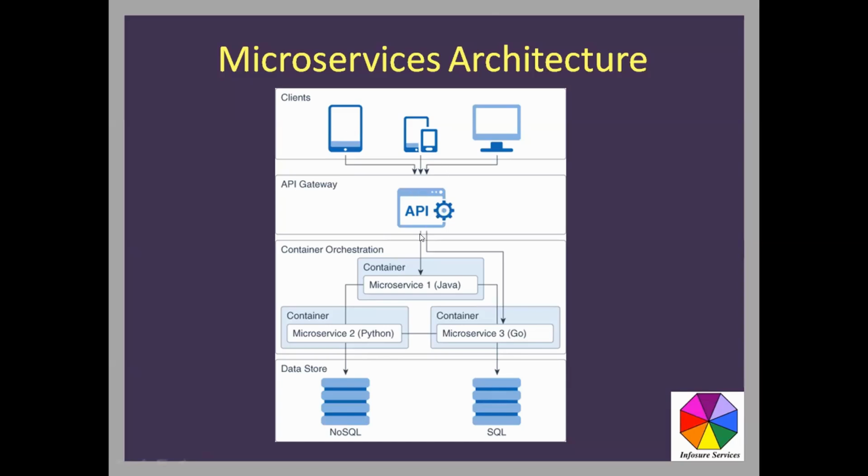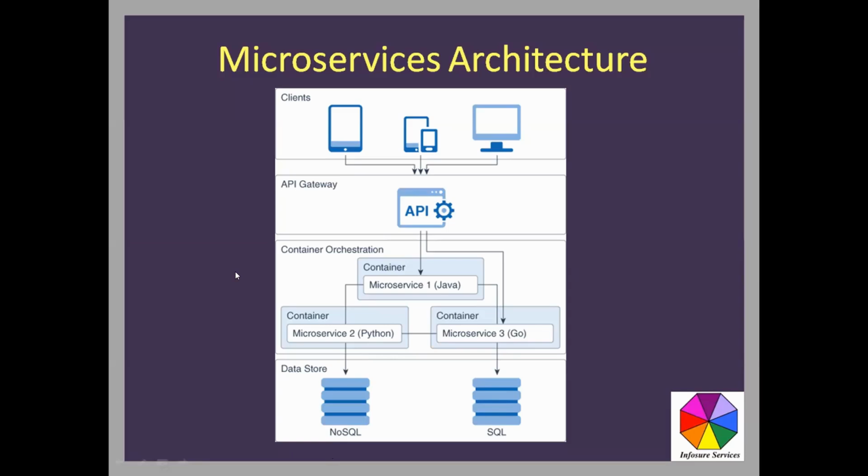And from the API, there is a container. This is a logical domain separation, a container. This container is holding microservice 1 running on a Java application. And that Java application is connected to the data store. The data store could have SQL, NoSQL, and so on.